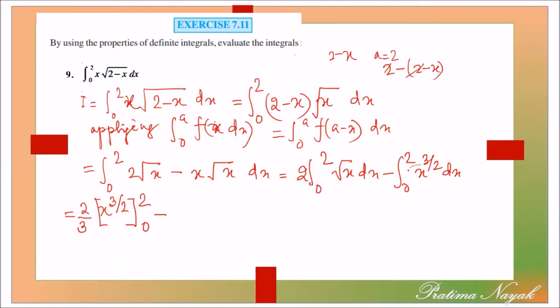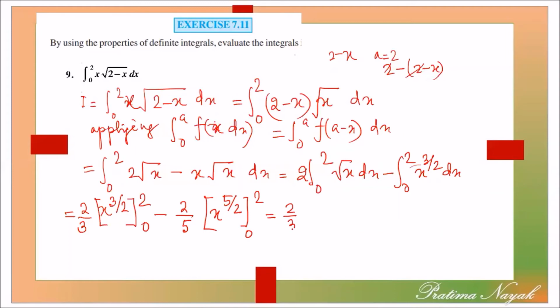This will be 2 by 3 times x to the power 3 by 2 plus 1, which is 5 by 2. So it will be 2 by 5, x to the power 5 by 2, with the limit 0 to 2. Now you have to find the values.